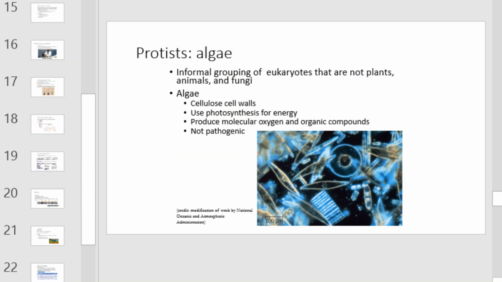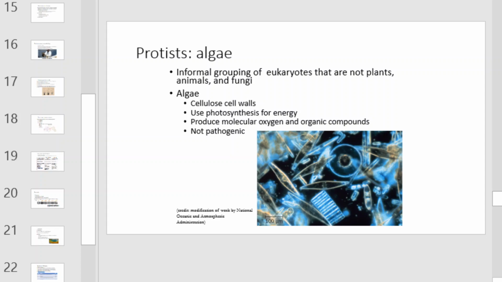Protists. The protists include any and all organisms that quite simply we don't know what else to do with. In this case, we'll look at the algae. The algae are sometimes referred to as the plant-like protists. An informal grouping of eukaryotes that are not plants, not animals, and not fungi make up the algae. Algae have cellulose cell walls.